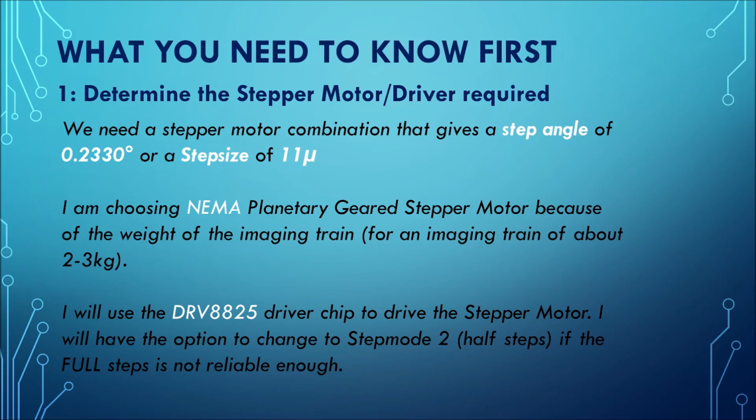If I don't choose a planetary geared motor and just use a standard NEMA motor, it's not going to be able to drive the imaging train at all. So having decided on a NEMA stepper motor, I then have two choices. I can use a DRV8825 or I can use an LT98N. And I've chosen the DRV8825.